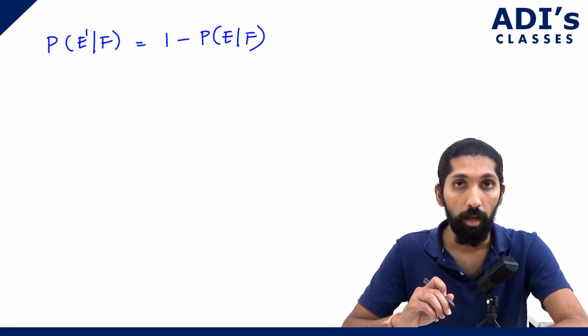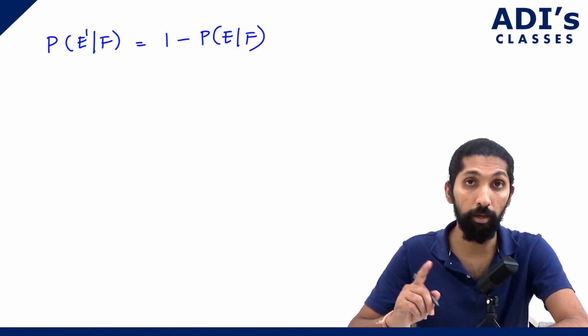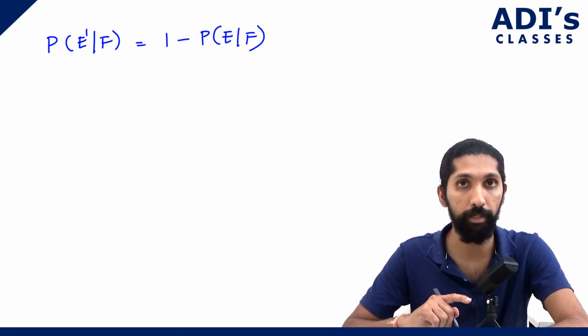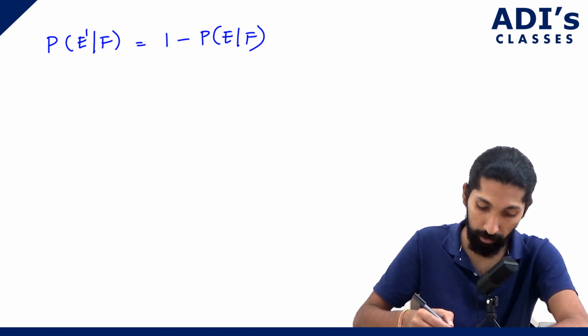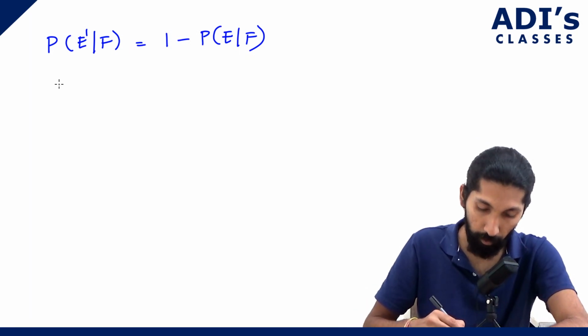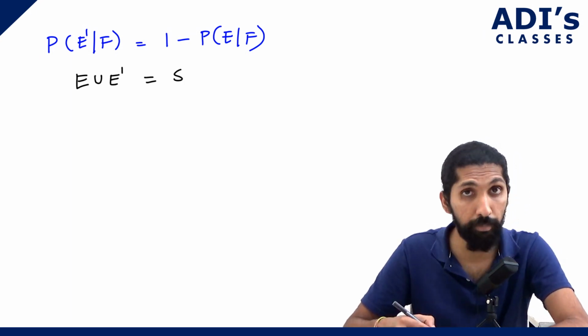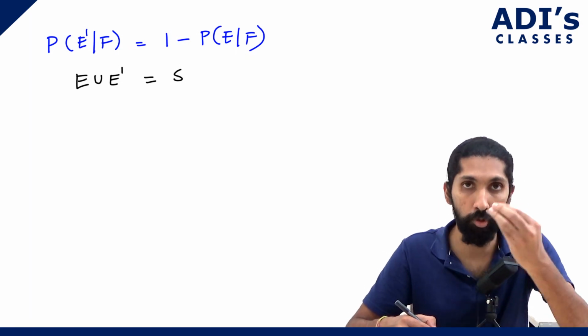We make use of P of E and P of E complement. We know that E union E complement is S, the sample space.